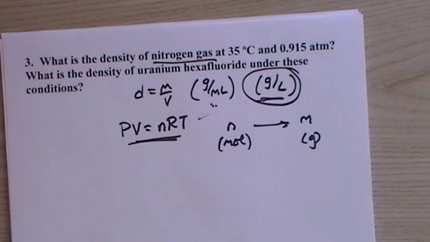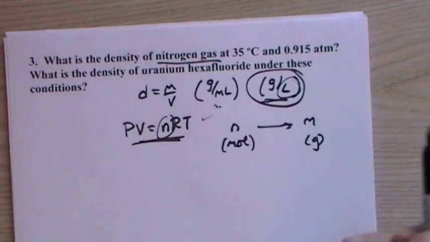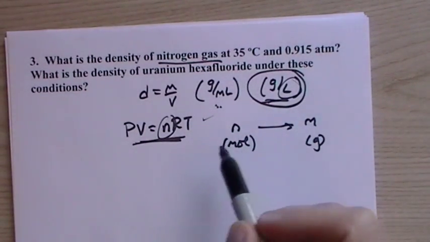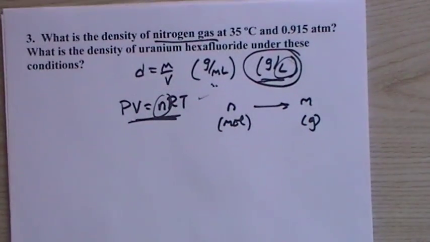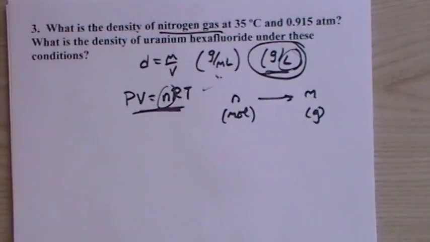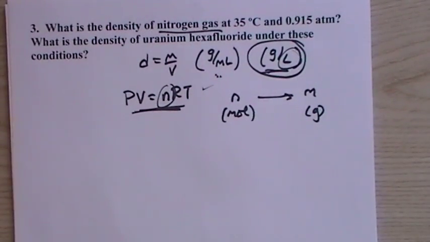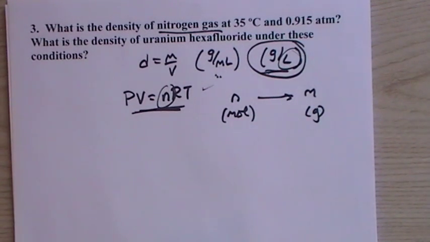So I find moles, and then I know how many liters we have, so we have moles per liter, and then I change to grams per liter based off of the gas that we have. I like to always stick with the equation that we were given rather than create a whole new equation. But that's up to you. If you've done it another way and you like that way, that's fine. The more complex problems there are, the more ways there are to solve it. I'm just going to solve it the way that I normally would.